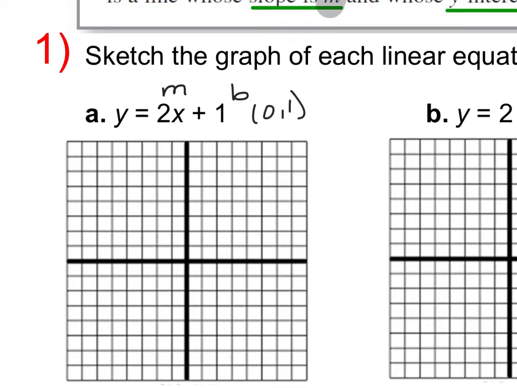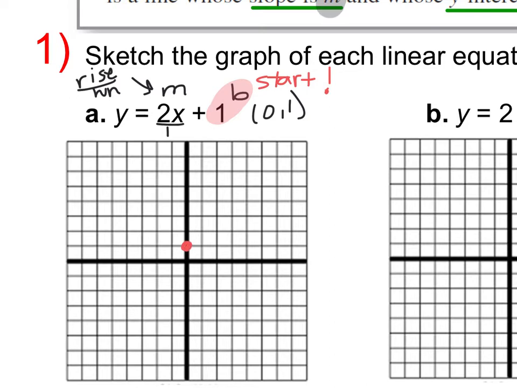Positive 1, and our slope has to be rise over run. So 2 over 1, both positive. Start at your y-intercept every single time. So we start here at 0, 1, so the y-intercept at positive 1.